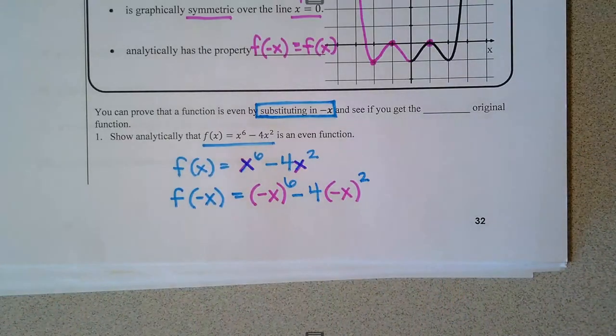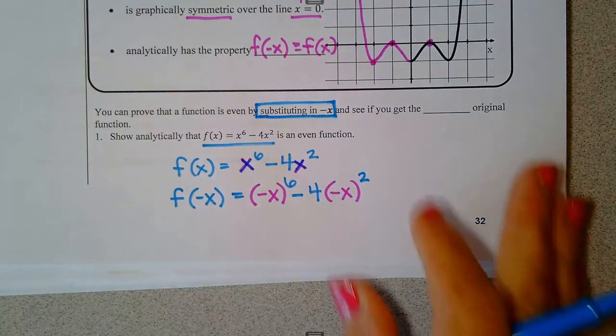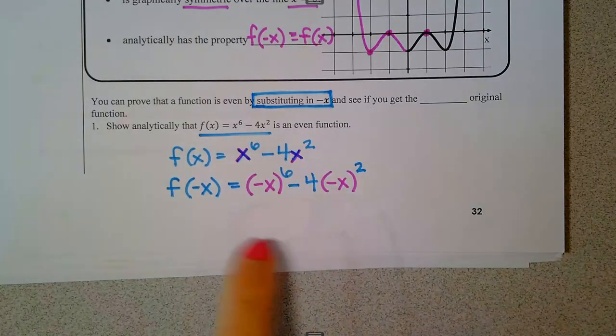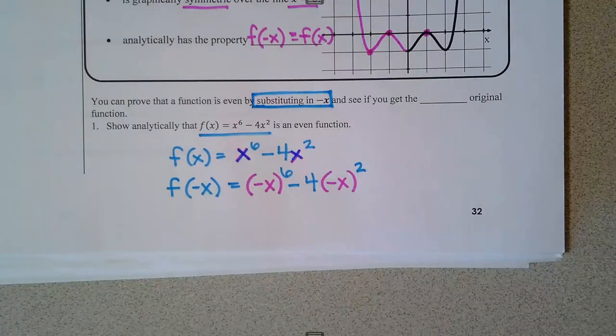And you put the negative x in parentheses. Okay, so do you see what I did? I just am taking out the x and putting in a parenthesis with a negative x. Now, you do the operation, and whatever you get out at the end will tell you if it's odd, even, or neither.